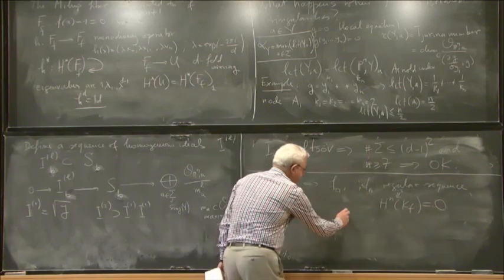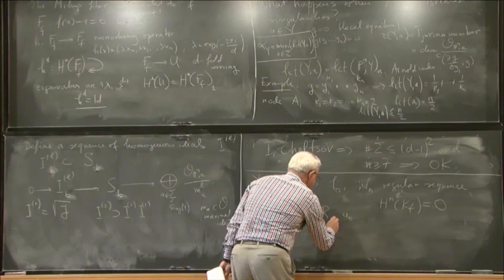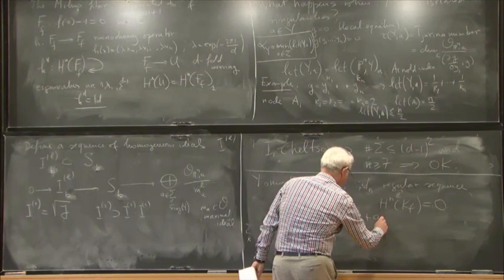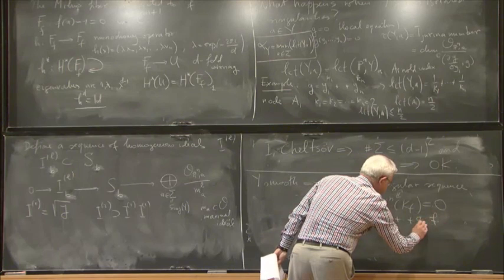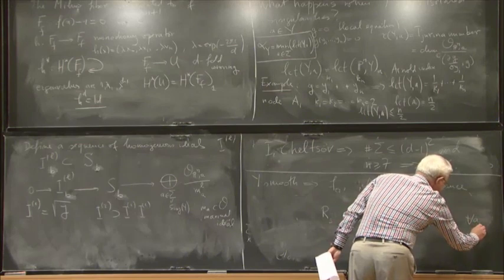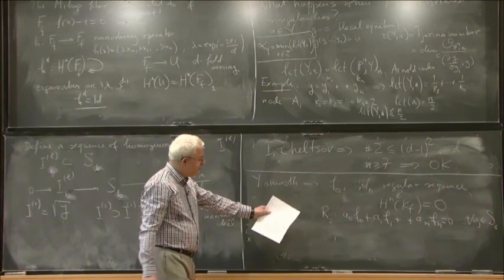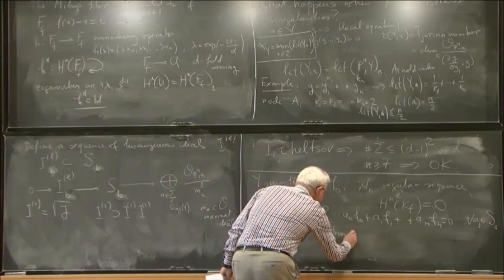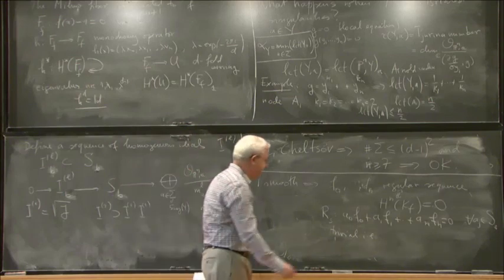And this means that any relation which I may write, if I write a relation of degree S, where all the coefficients a_j are polynomials of degree S, then this relation is necessarily trivial, that is, it comes from some Koszul relations.